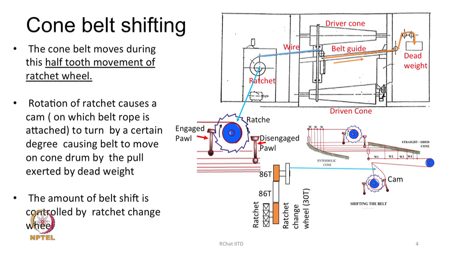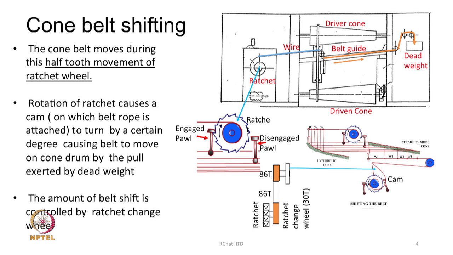So, rotation of the ratchet will cause the cam, on which the belt rope is attached, to turn by a certain degree. As the ratchet turns by half a tooth, we can find out what the degree of rotation of the cam will be. This is the cam here.